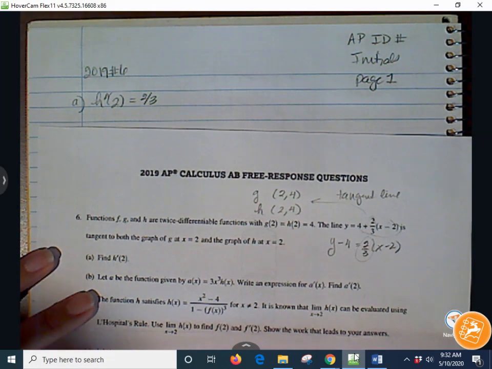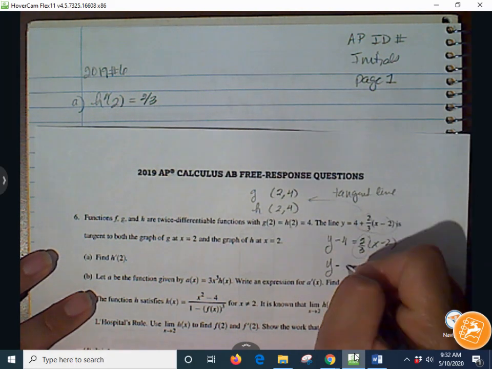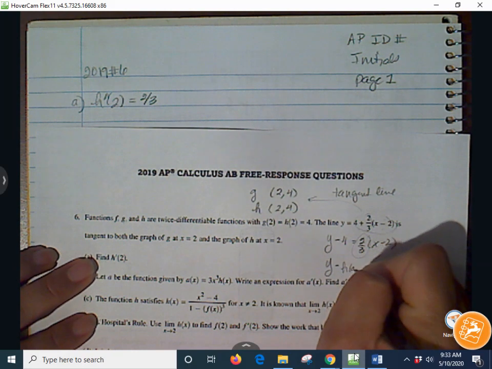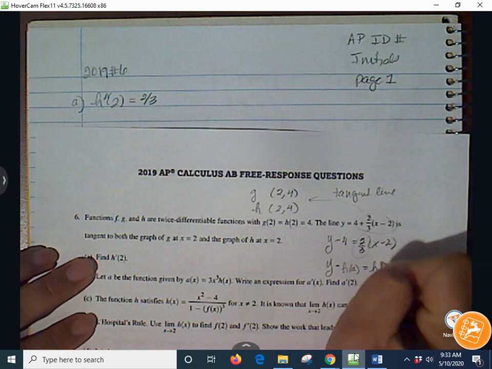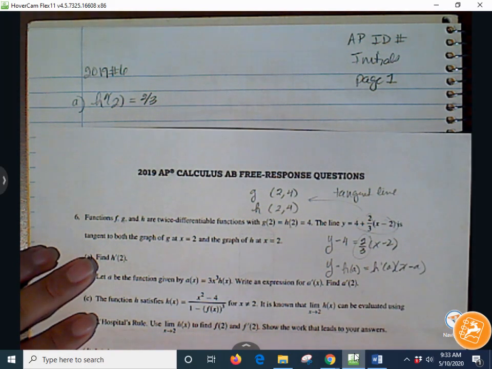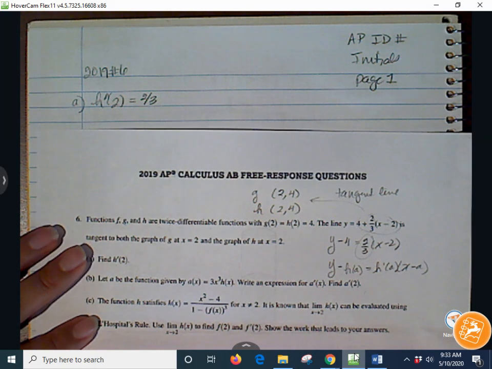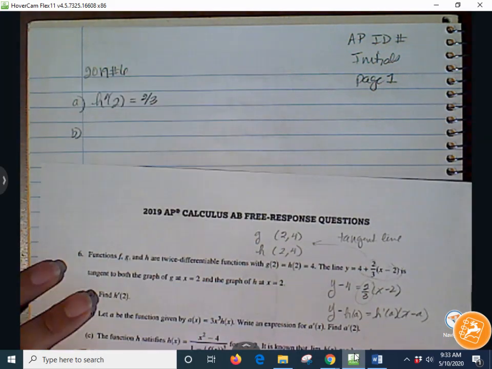Okay, if you don't remember exactly, well, remember that it's y minus h of a is equal to h prime of a times x minus a. That would be the slope of the tangent. So this h prime of a matches up with 2/3. Okay? All right, part B, that was easy.